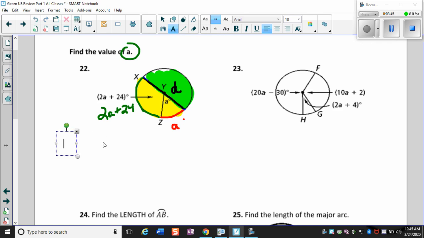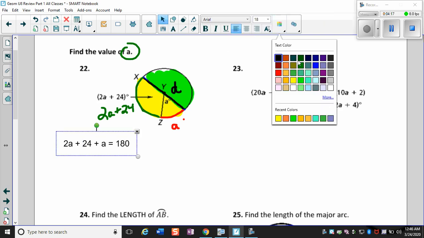So a possible equation to solve for A is that we take 2A plus 24, that's the green arc, and add it to the red arc, which is the value of A. When you add those together, they form a semicircle. A semicircle adds up to 180 degrees. So here's the equation that we're looking at.